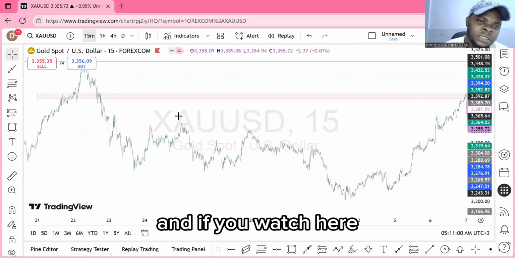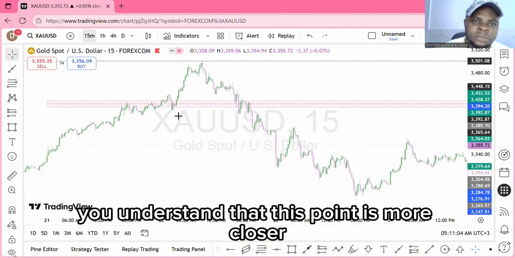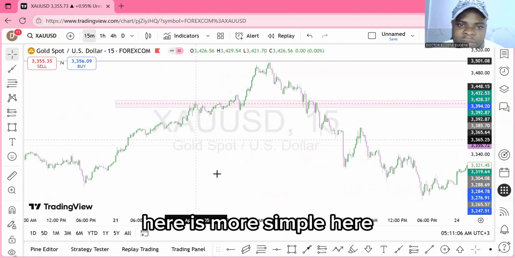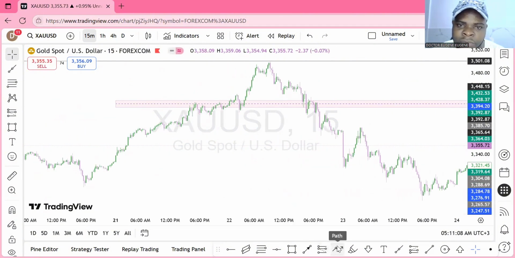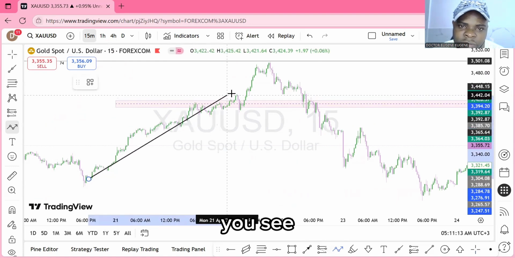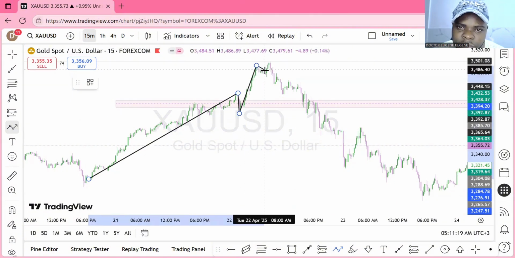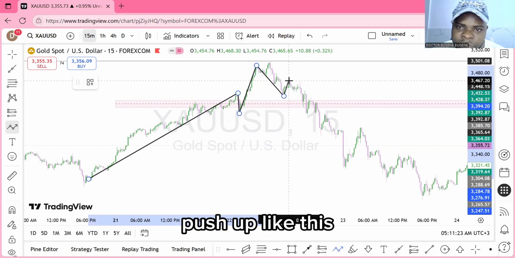If you watch here, you understand that this point is closer. It's simpler here, because here I can call it a zone. You see, I can call here a pullback, push up, pullback here, push up like this.